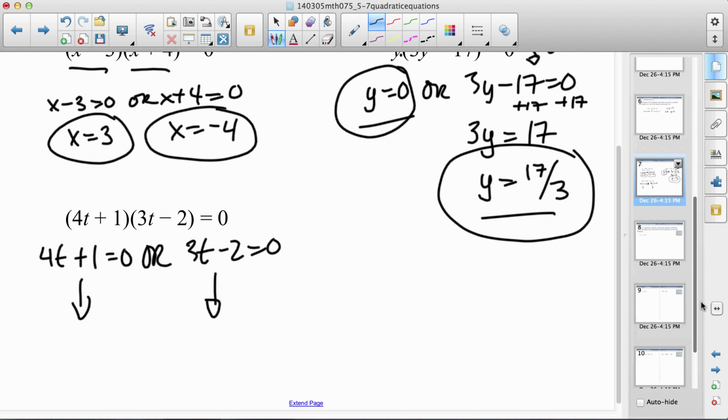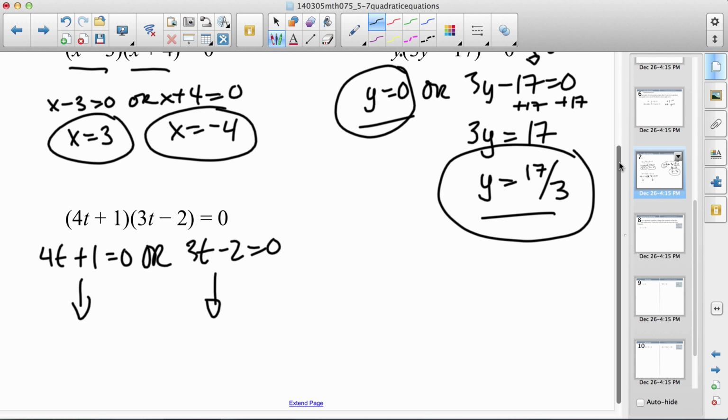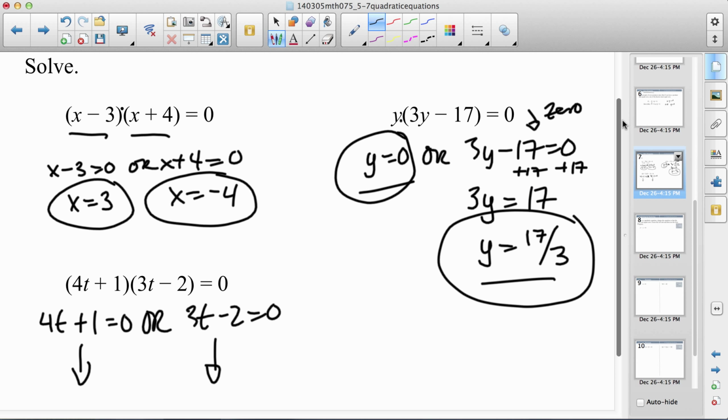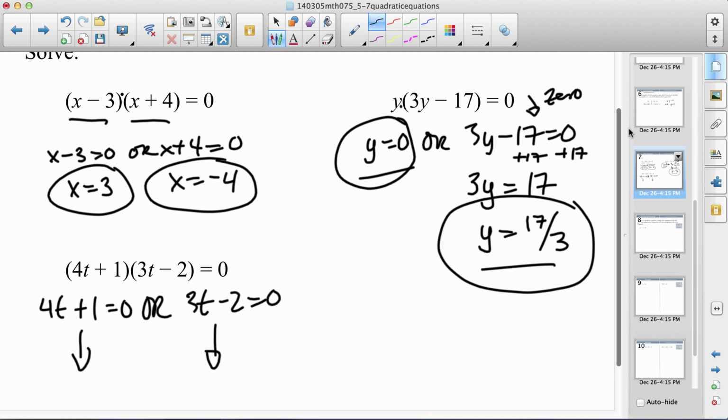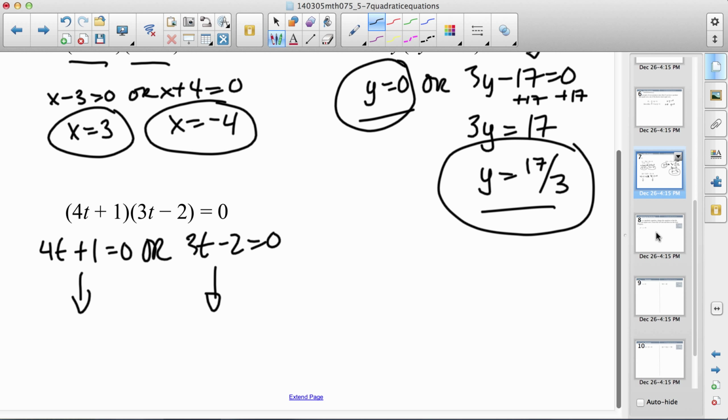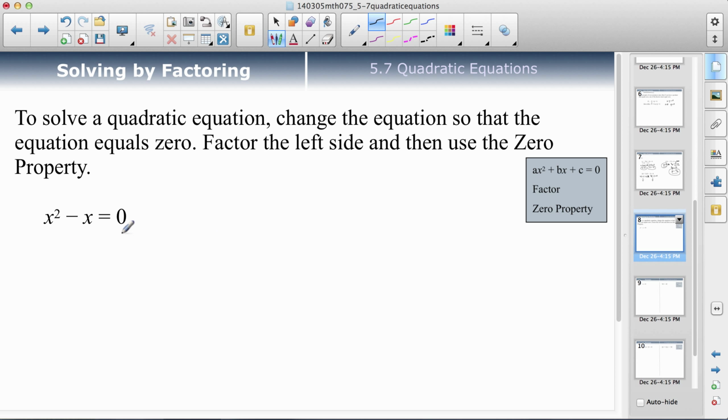Okay, but now notice that all the ones I gave you on this page were already factored. They were written in a factored form. But we want to be able to get a question like this one where it's not factored and be able to solve it. And that's the trick for solving these: factor it.